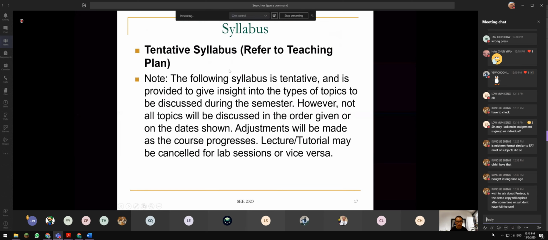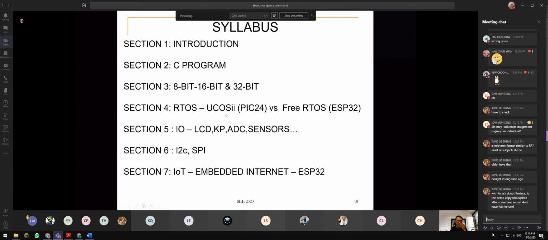Here is the tentative syllabus. Remember, I will do a bit of adjustment. We'll cover all the topics, but we move them around because we need to sync with the lab section. Section 1, meaning lecture 1, is a bit of introduction, followed by C programming.